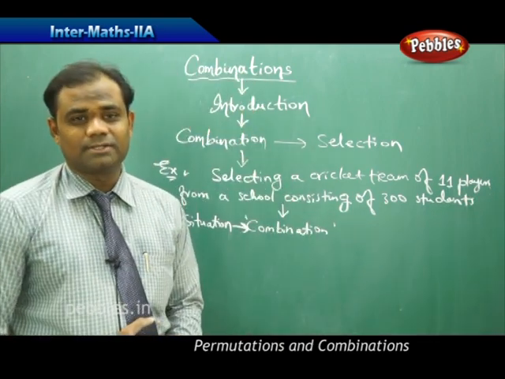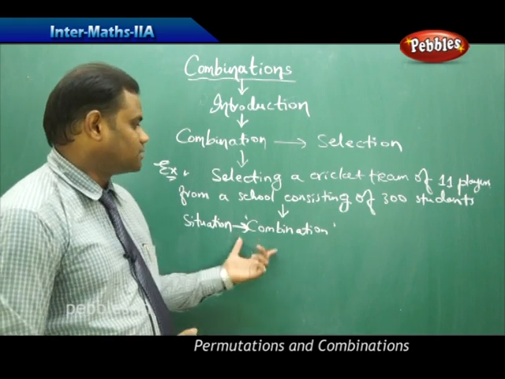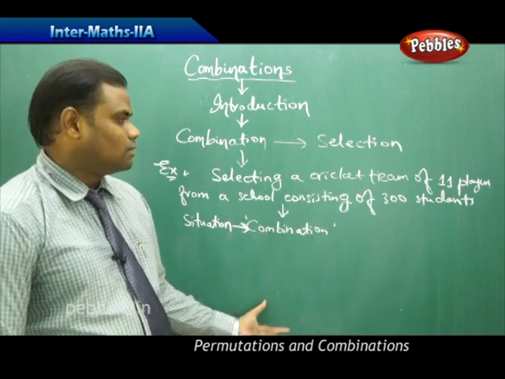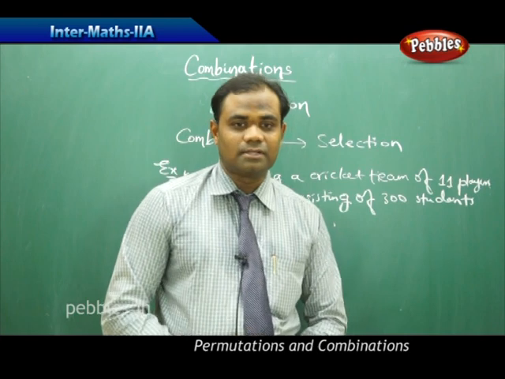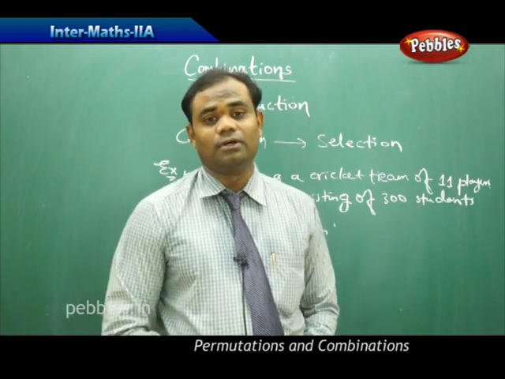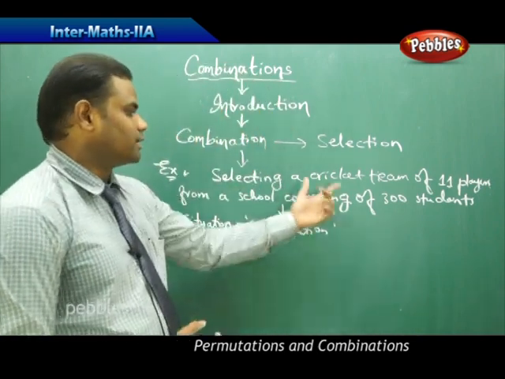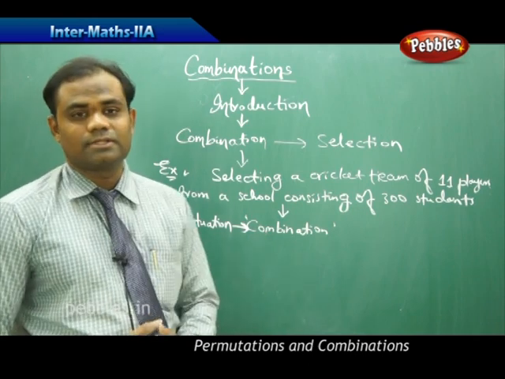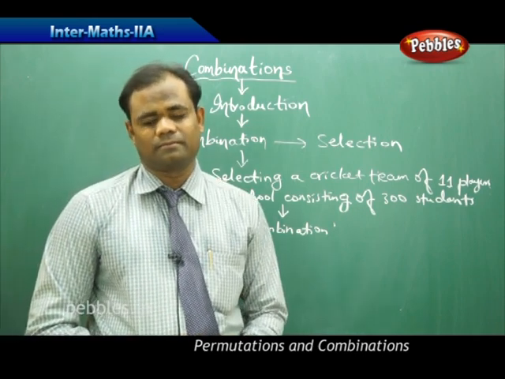So permutation is selecting and arranging, a combination is only selecting. So we know that a cricket team of 11 players doesn't require any arrangement and order. Therefore, I have a cricket team which says the selection being combination.